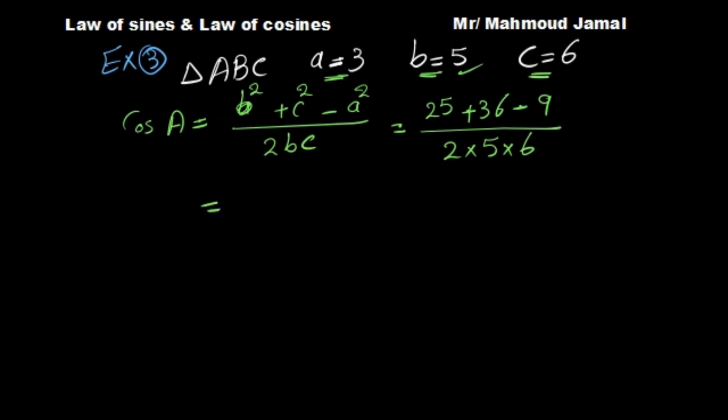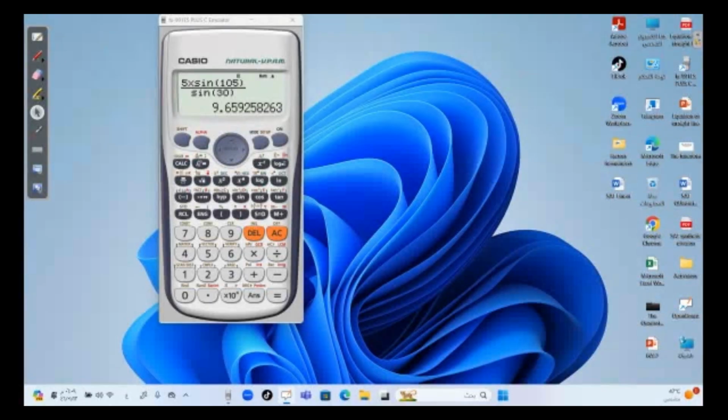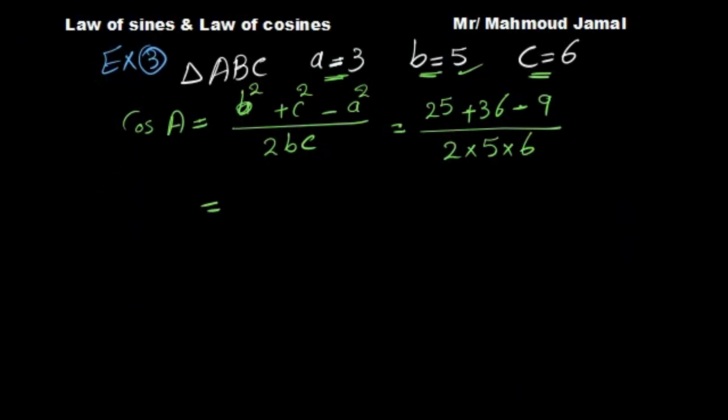It equals, using the calculator, 25 plus 36 minus 9 over 2 times 5 times 6, which is 13 over 15, or 0.86.